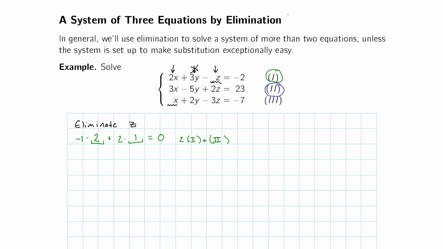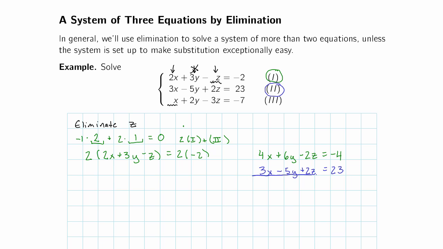So my equation 1, I'm going to multiply both sides by 2. I'll have 2 times 2x plus 3y minus z equals 2 times -2. So that'll give me 4x plus 6y minus 2z equals -4. My equation 2, I'm not going to do anything to, so I'll just write that underneath this: 3x minus 5y plus 2z equals 23.